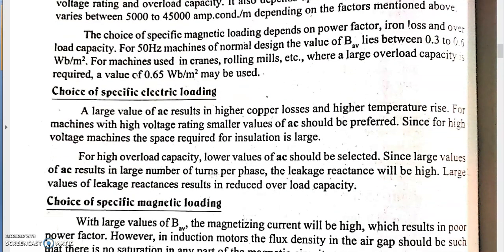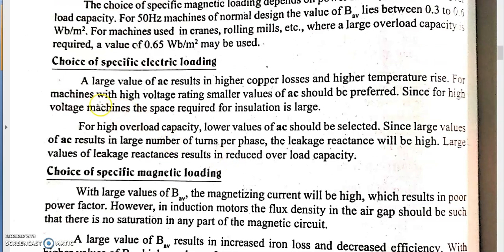So in the choice of specific electric loading, a larger value of AC results in higher copper losses because it gives larger current, so larger copper loss and higher temperature rise. For a machine with higher voltage rating, a smaller value of AC should be preferred, because in high voltage machines the insulation required will be more. So the number of conductors should be lesser, that is, a smaller value of specific electric loading should be chosen for high voltage machines from the insulation point of view.